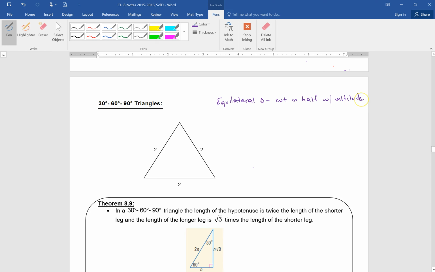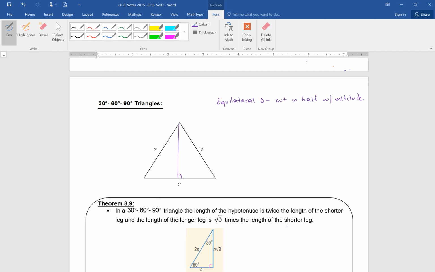So the altitude goes from where to where? It goes from the vertex to the opposite side, and it's perpendicular. So here's the altitude, and it's perpendicular.